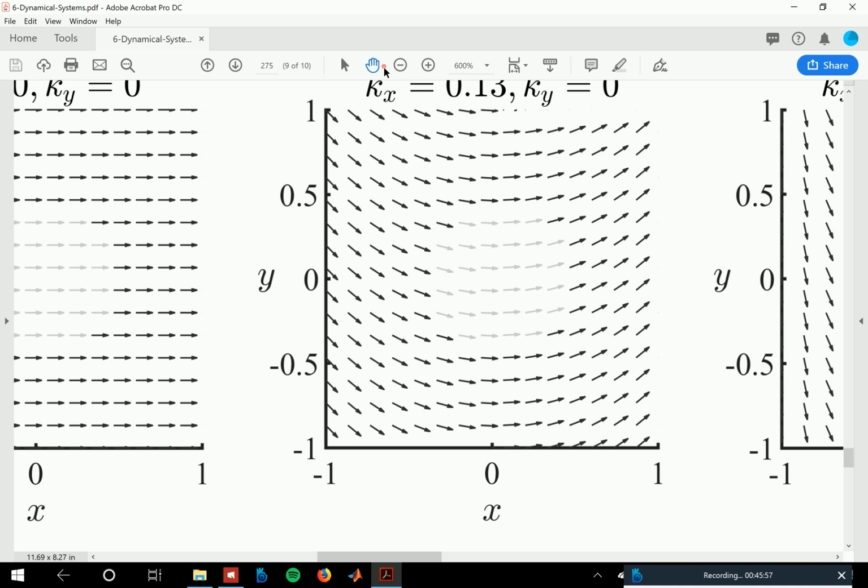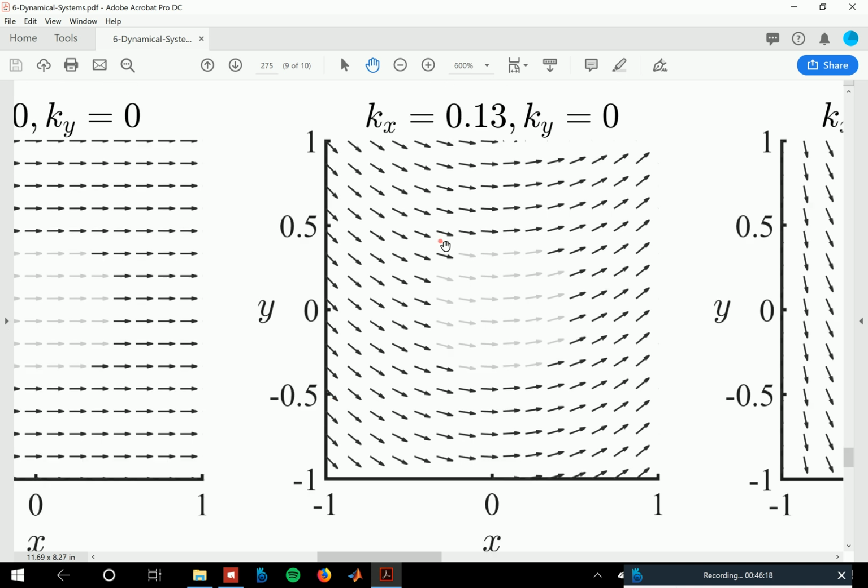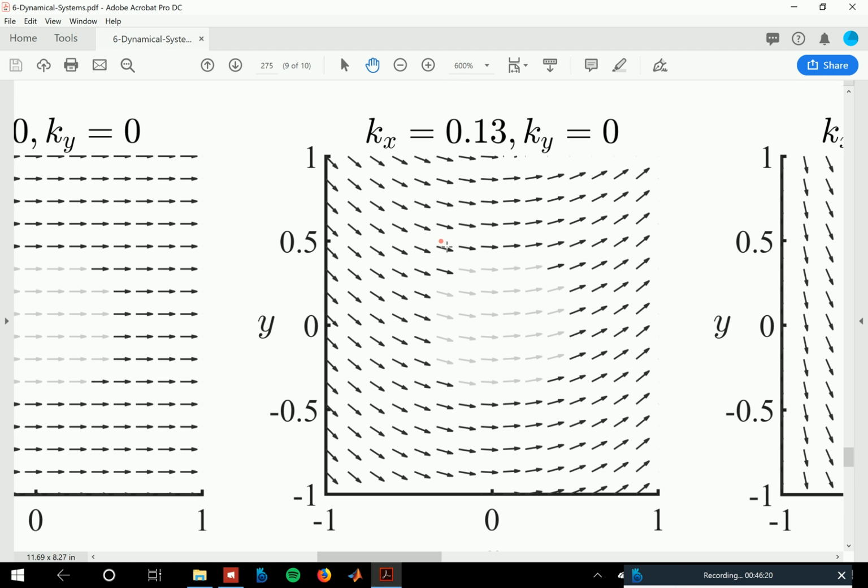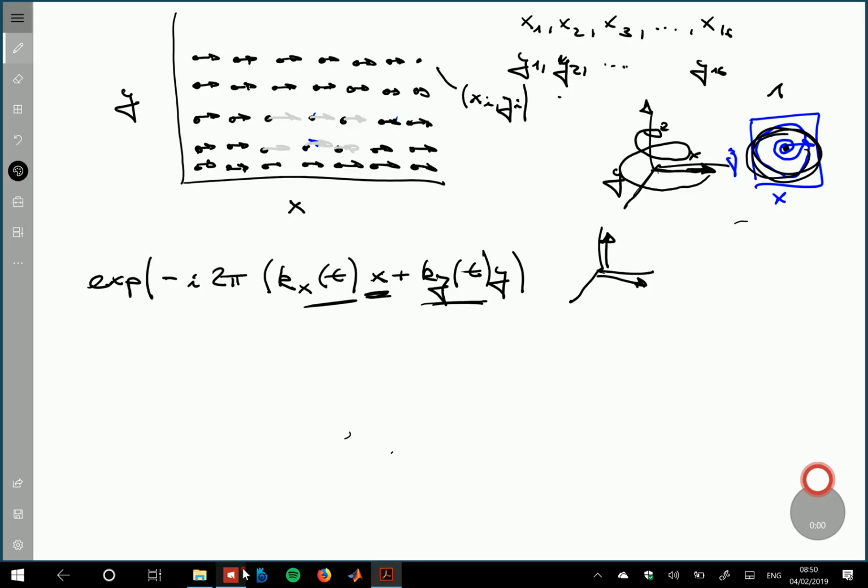So you see that over Y nothing changes, but over X, the ones that have high X coordinates are further in their anti-clockwise rotation than the ones at low X values. And the reason for that is that there is a gradient over X. If you want to plot this or quantify that, this is exactly what this equation does.